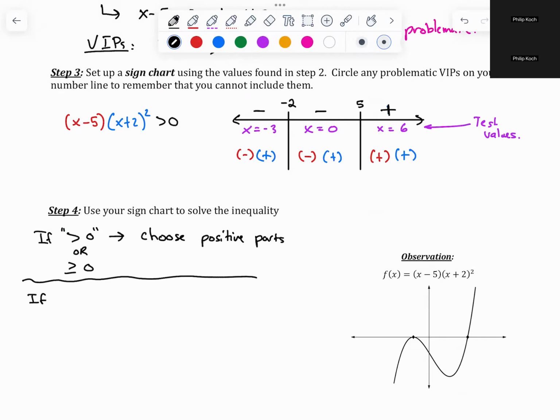If less than 0 or less than or equal to 0, choose the negative pieces, or negative parts. So there's only one part that's positive, and we have a greater than or equal to, so we want it to be positive, so we'll circle the only spot that's positive.